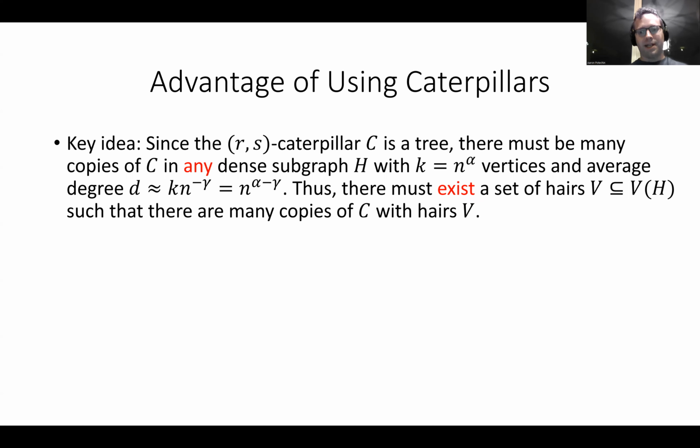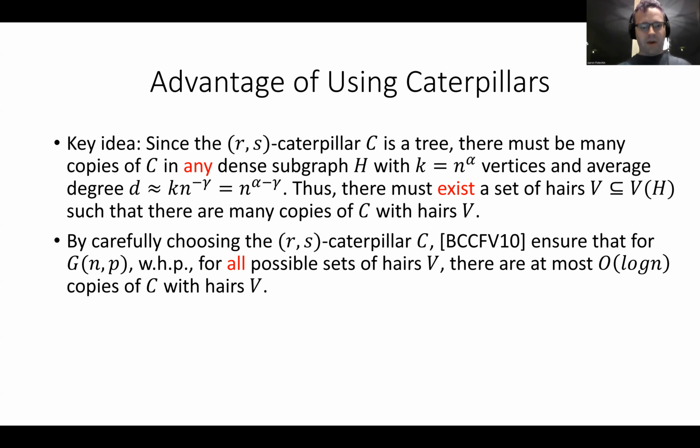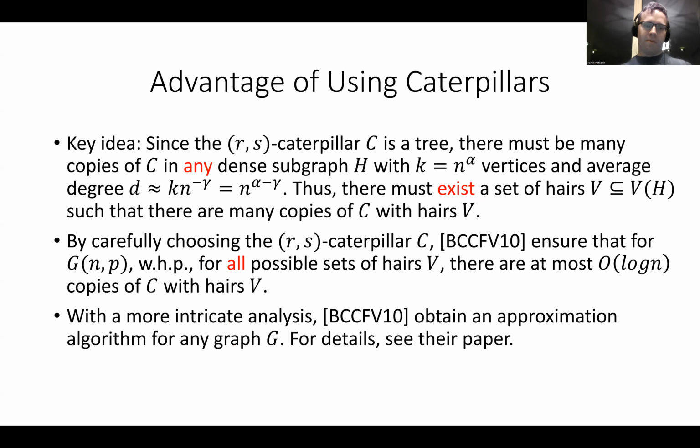This implies that there must exist a set of hairs V such that there are many copies of C with hairs V. On the other hand, by carefully choosing the RS caterpillar C, they ensure that for G(n,p), with high probability, for all possible sets of hairs V, there are at most O of log n copies of C with hairs V. And then with a more intricate analysis, they obtain an approximation algorithm for any graph G, but this is more involved, so for details, see their paper.